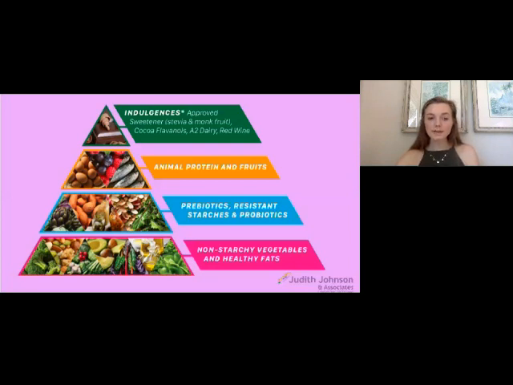Then I look at level 4, which I like to name or term our indulgences. So if necessary, use limited amounts of approved sweeteners. So stevia, erythritol are all fine, a little bit of xylitol. And then choose sweet treats that are rich in flavonoids.